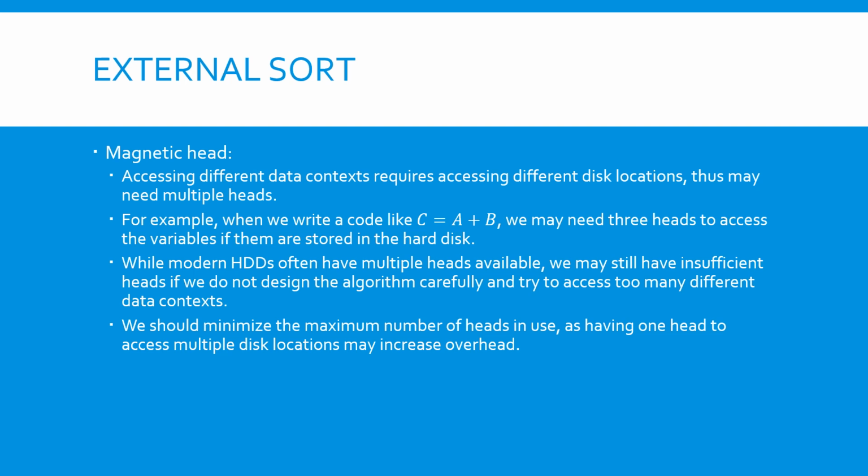Luckily, most modern hard disks have multiple read and write heads. When we need to access more data contexts than the number of heads we have, each head may need to access multiple data contexts. In this case, we will need more time to spin the disk to place different disk locations under the head. Therefore, when designing external sorting algorithms, we also need to minimize the number of data contexts that are being accessed at the same time.